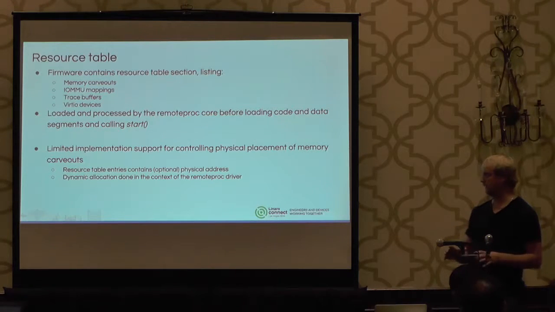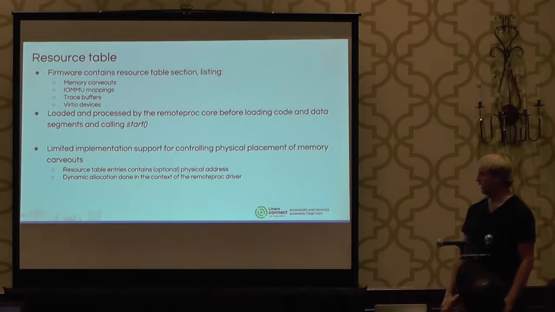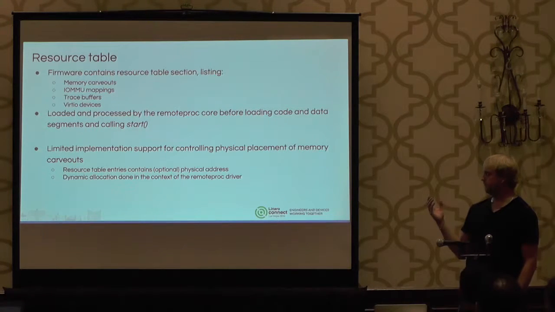There is limited support for controlling your allocation limitations, for example, if you need allocation to end up in a certain area of RAM, or if you need a specific position. So the resource table has the information, but the implementation hasn't looked at it so far.